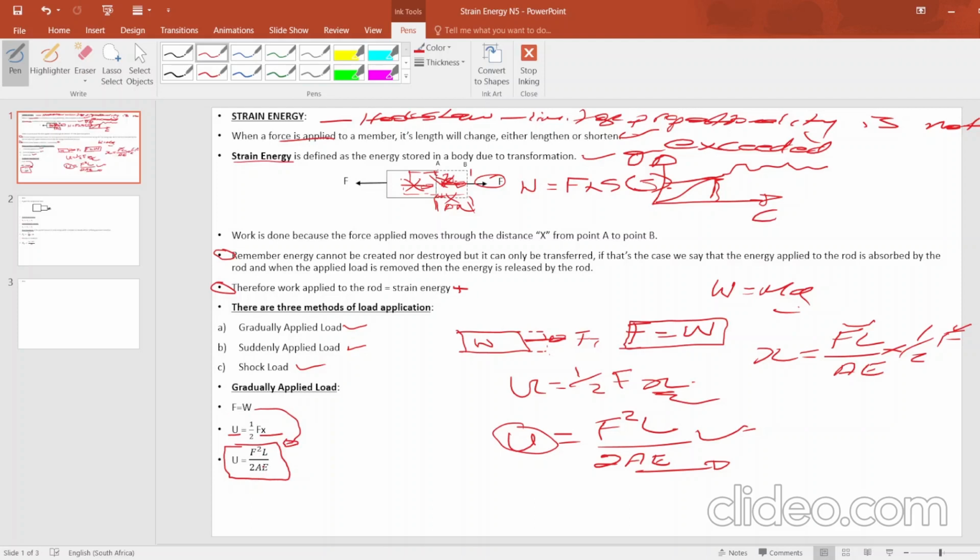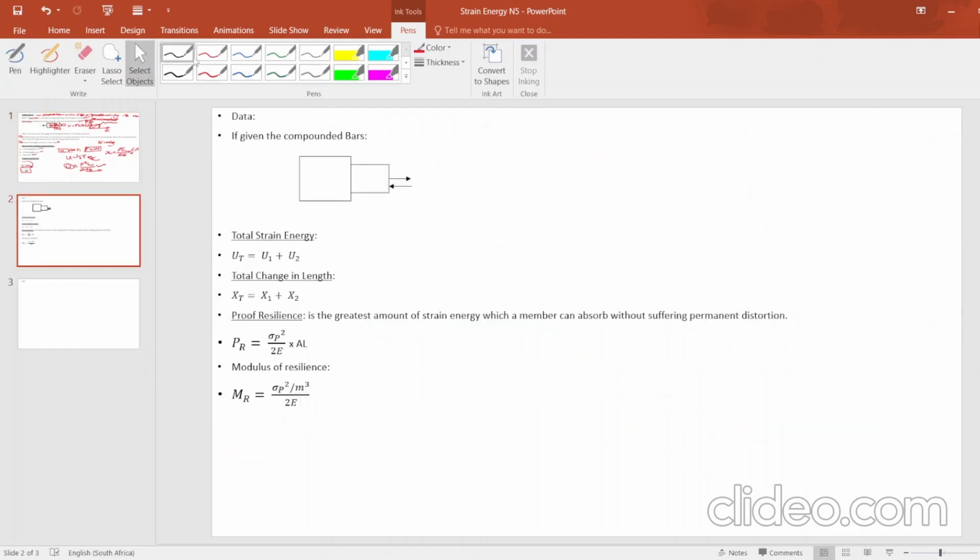To W. Okay. Now, if you are given a compounded material under the gradually applied load, whether tensile force or compression is applied, it doesn't matter. You have unit 1, unit 2, length 1, length 2. How do we calculate the strain energy in one member?